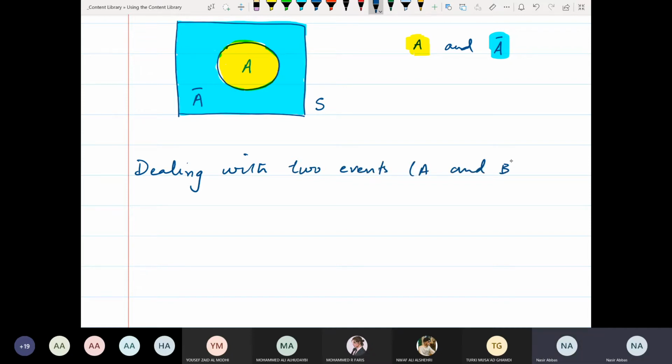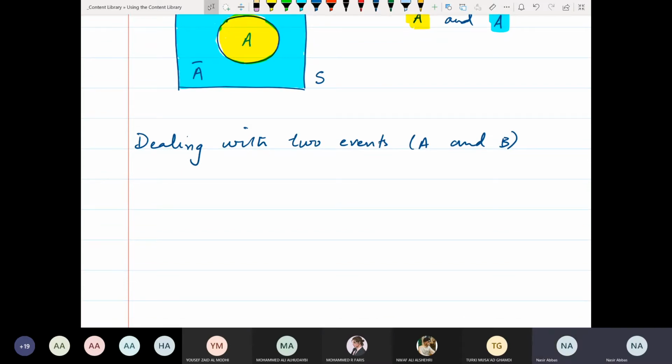Let us say A and B. Whether in terms of a single picking or more than one picking, it doesn't matter.